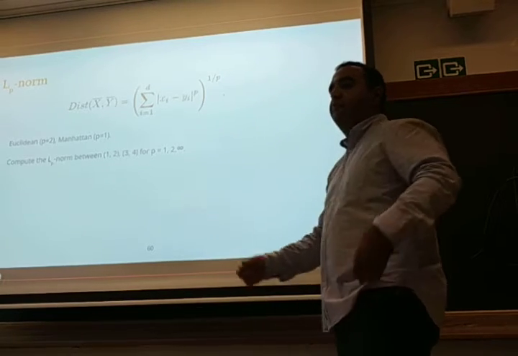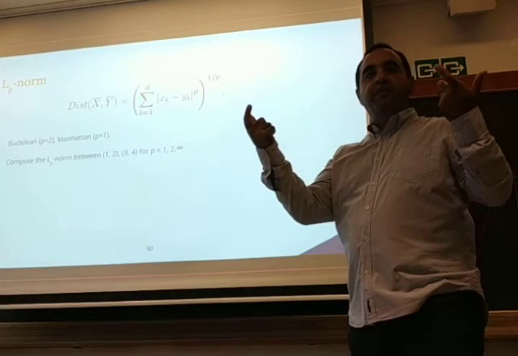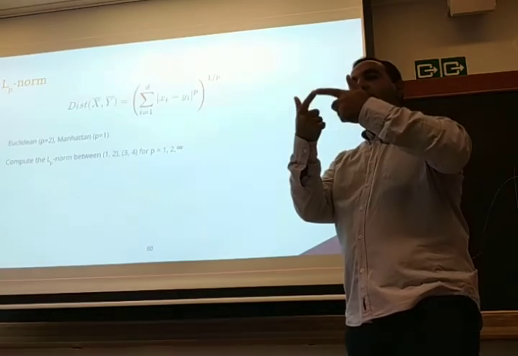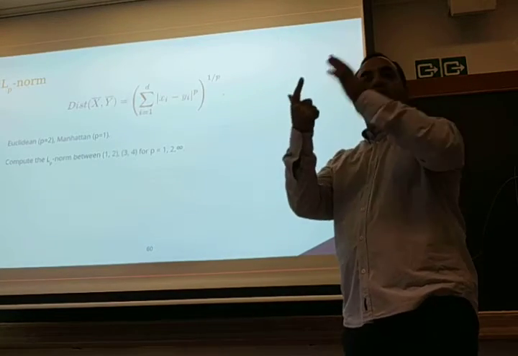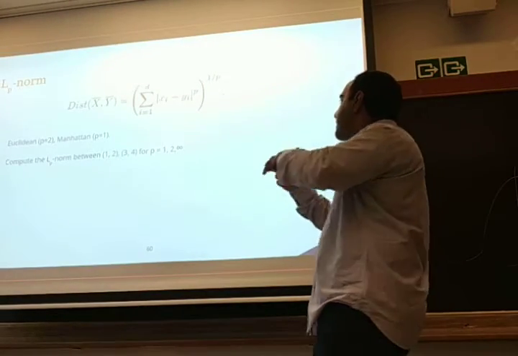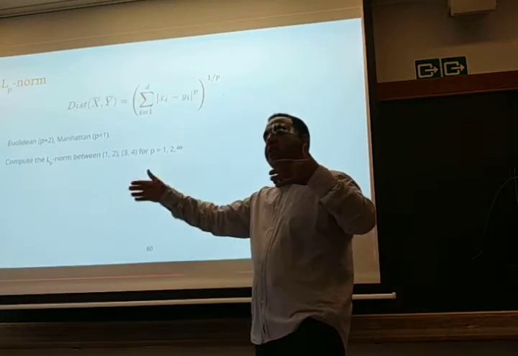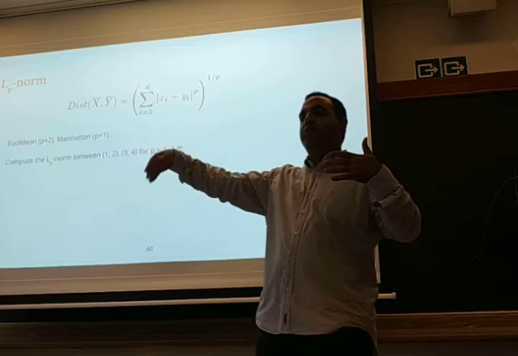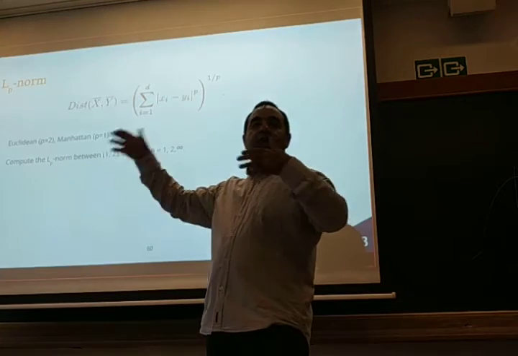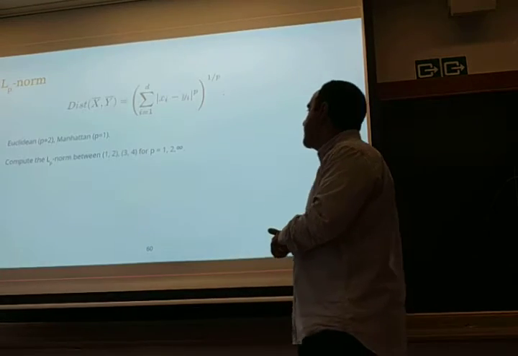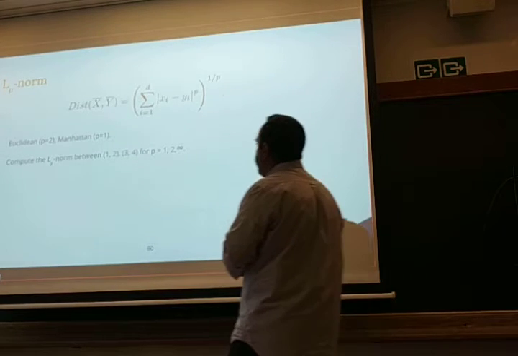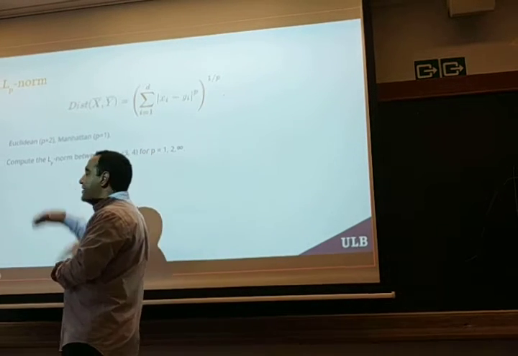So if we have points that are two-dimensional, it's x1 minus x2 squared plus y1 minus y2 squared, square root. If we have 3 dimensions, then we also add z1 minus z2 squared and the square root for the result. When p is 1, that's called the Manhattan distance.